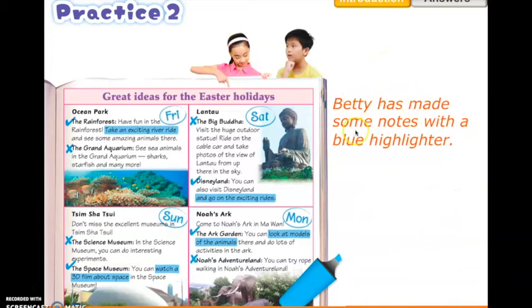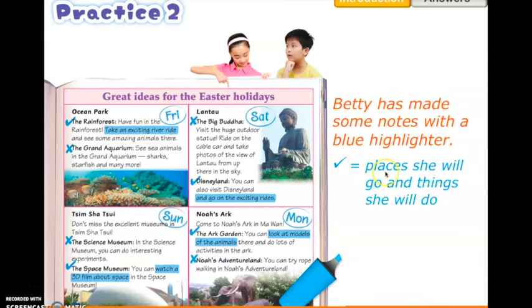Betty has made some notes using a blue highlighter. So this is called a highlighter, and Betty has made some notes on it. You can see a tick, cross, Friday, Saturday, Sunday, Monday. Okay, some main ideas are highlighted.